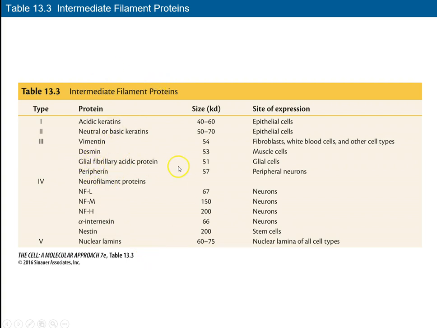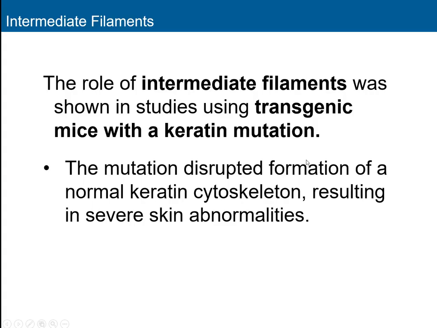Here's another one, GFAP, in glial cells, the supporting cells of the nervous system. Same thing, if you have an antibody tagged with a fluorescent tag, you can visualize glial cells that localize that GFAP. So again, many different proteins are considered part of the intermediate filaments.